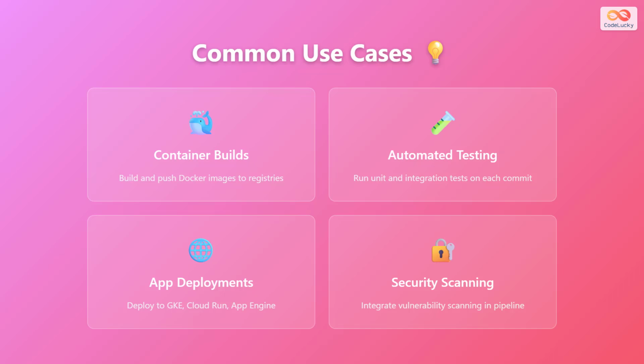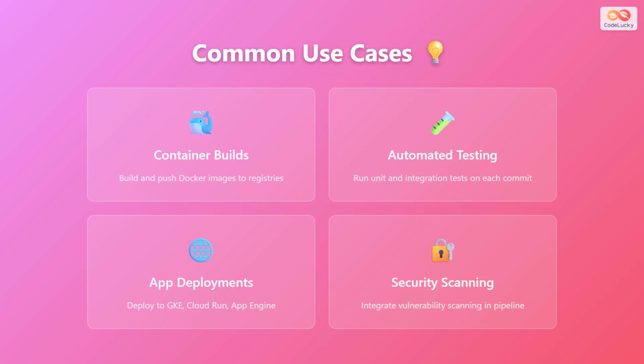Cloud Build excels in several common DevOps scenarios. Container builds are one of the most popular use cases, where Cloud Build compiles your application code, packages it into Docker images, and pushes those images to container registries for deployment. Automated testing is another key use case, where unit tests, integration tests, and other quality checks run automatically on every code commit, ensuring bugs are caught early.